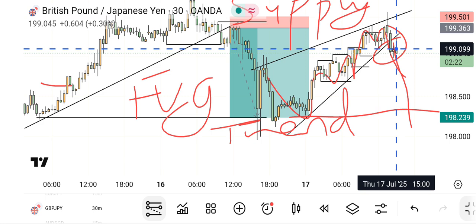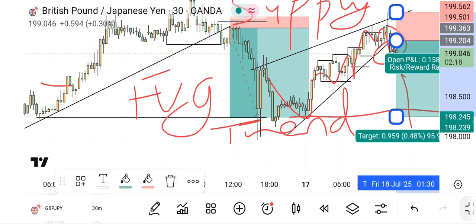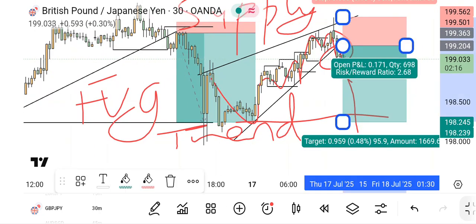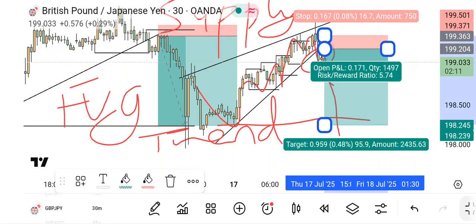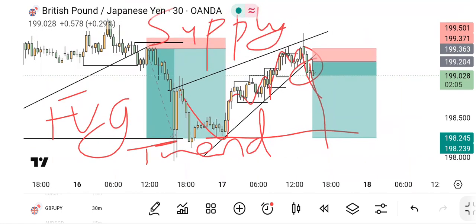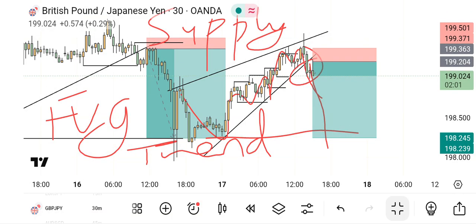So I'm expecting a drop to this zone, which will give about 95 pips, then 16 pips stop loss, which will give about 1.65, 1.125 risk reward. So that's just how I got my entry for the EURJPY and GBPJPY.